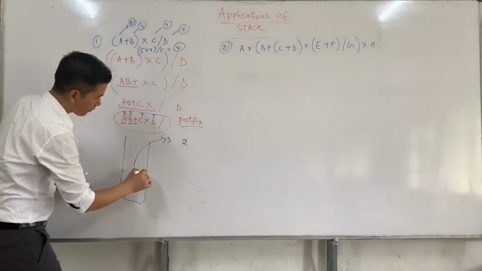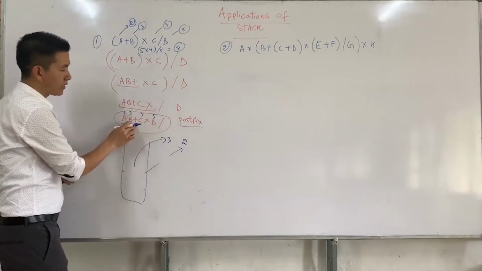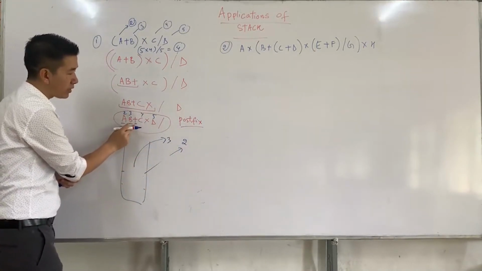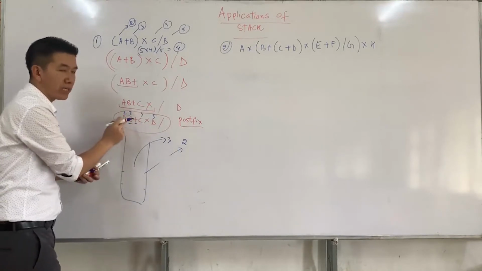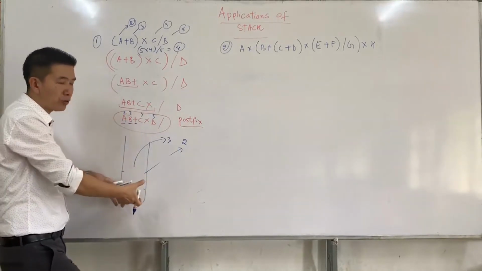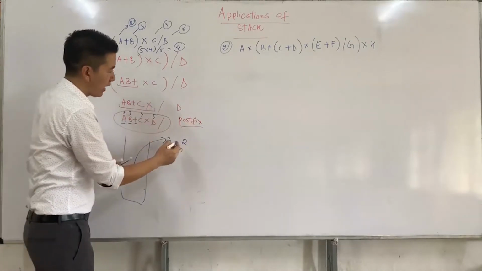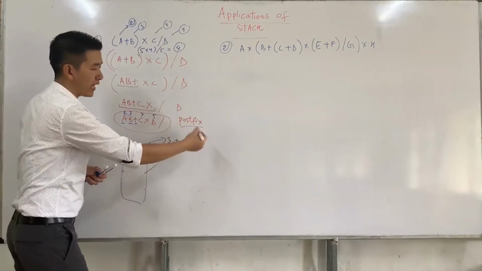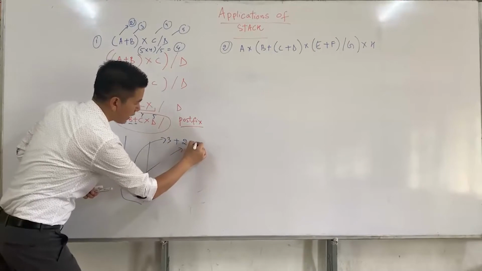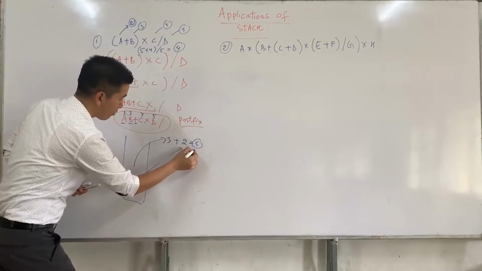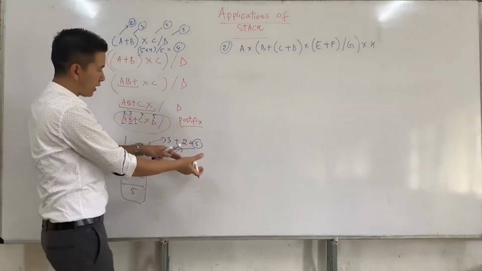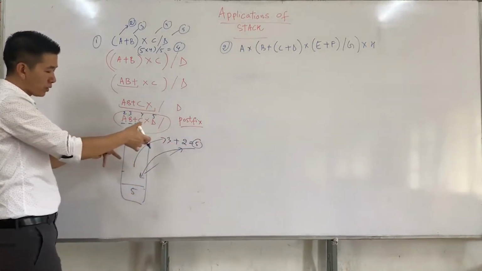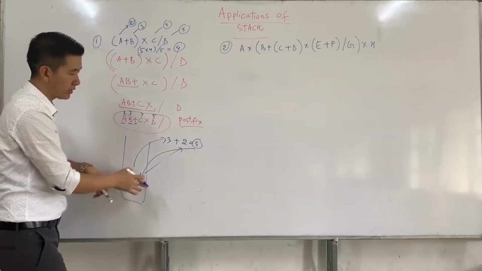Now since the next character is the operator, like I said, it's a binary operator. It needs 2 operands. Hence 2 operands are popped and then the calculation is carried out. The result is 5 and the result will be pushed back to the stack. So you will have the result of 3 plus 2 being pushed back to the stack.